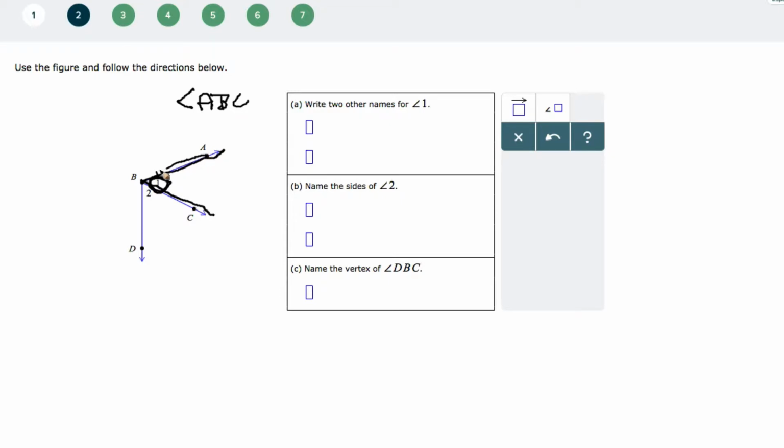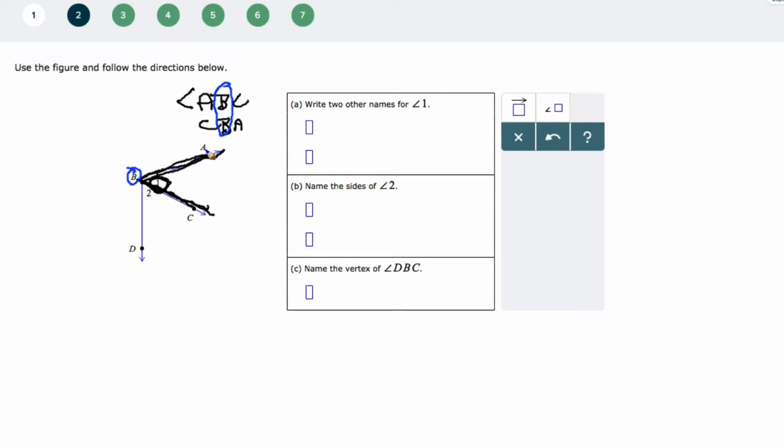because we can go from here to here and back out again. And just the same way, we could start at C, go to B, A. Now, could we ever do B, A, C? No, because it's got to be in order. The B has to be in the middle, because in this angle, the B is in the middle.